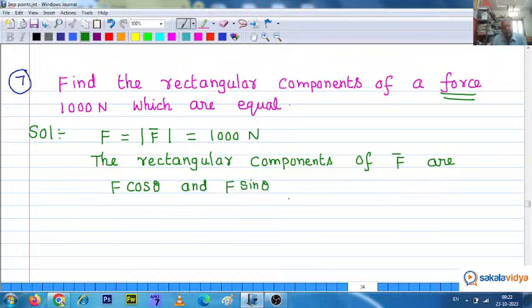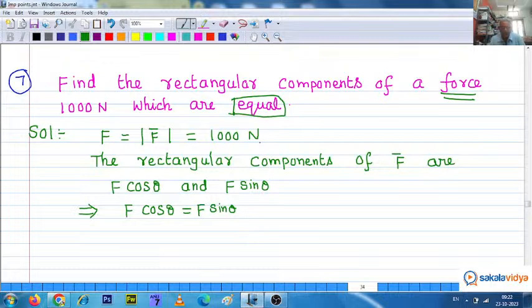So these two are the rectangular components. According to the problem, actually they are equal. So let us equate them. That means F cos theta equals F sin theta, because from this we are going to find out theta.